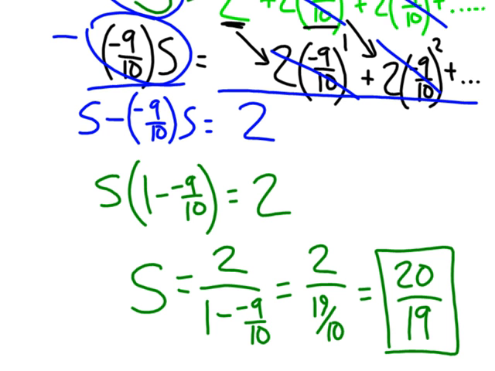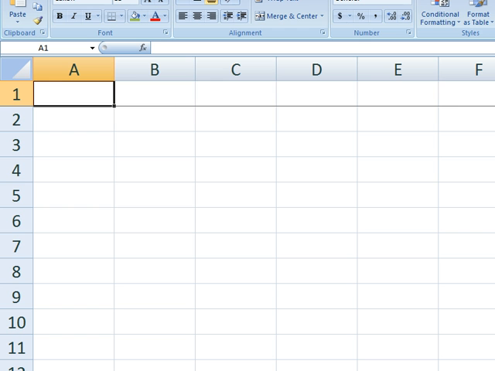All right, and I'd encourage you, if you have Excel or Google Spreadsheet or whatever spreadsheet program, to play around with confirming that. Remember, we'll say our first term was 2. I'll type in the recursive formula on the cell below it and say that it equals the previous cell times negative 9/10.